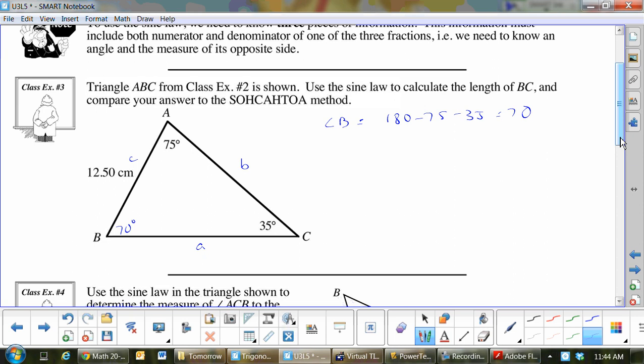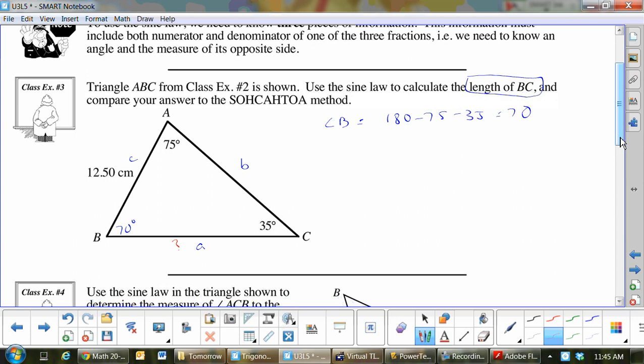Now, what I need to do is find length BC. Okay, length BC, AKA length A. Does everybody see that? This is actually my unknown.